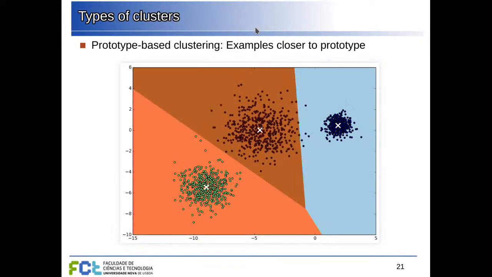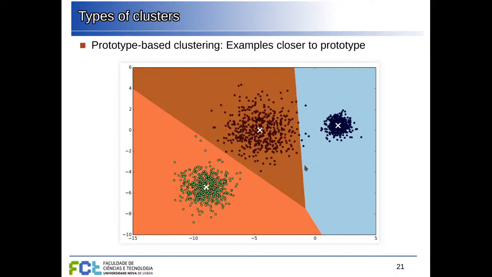The kind of algorithm that we use also determines the types of clusters that we're going to create. For example, we may have prototype-based clusters that are based on distance. For instance, each of these clusters is determined by a prototype, one point in our feature space that marks the center of the cluster, and each point then is assigned to the closest prototype.